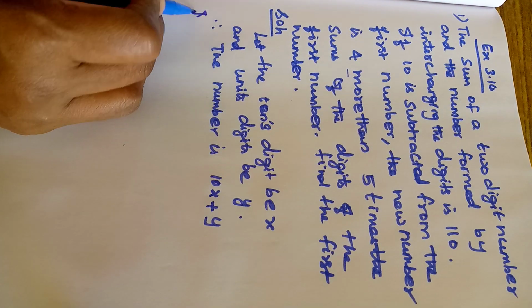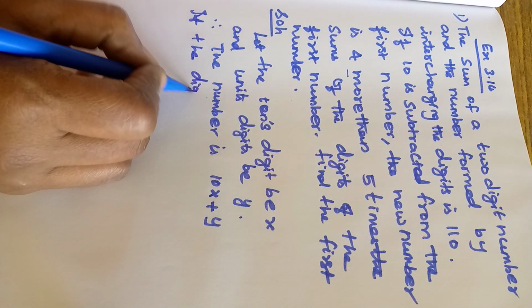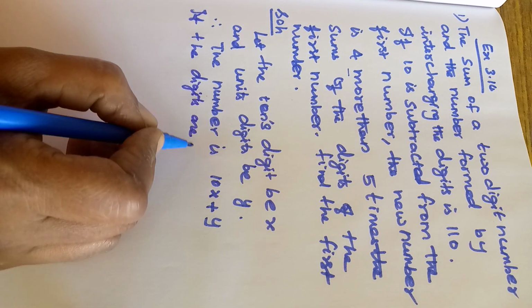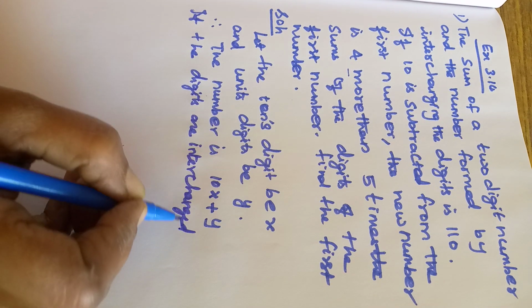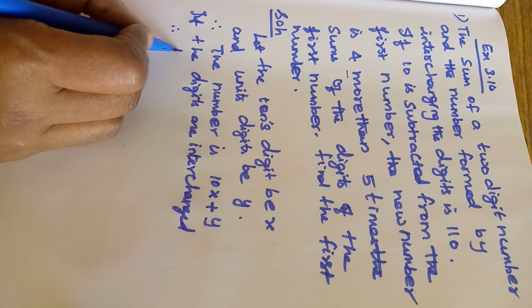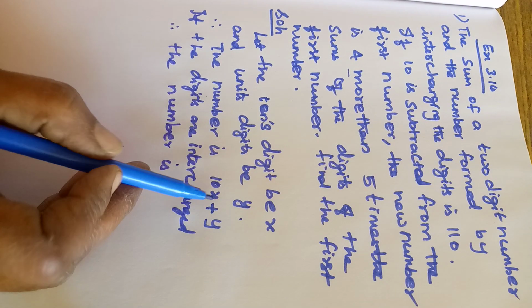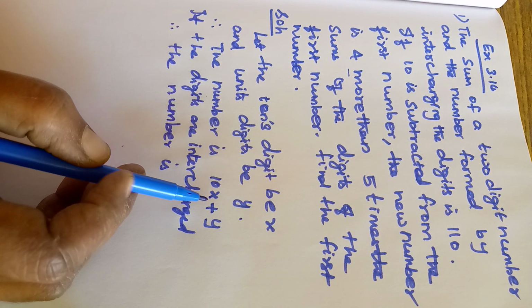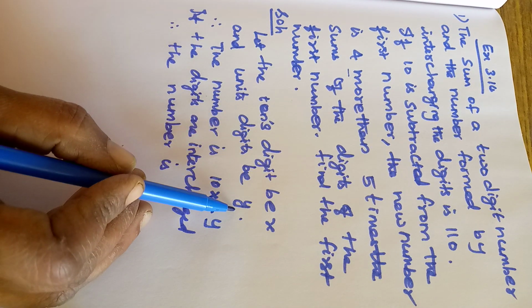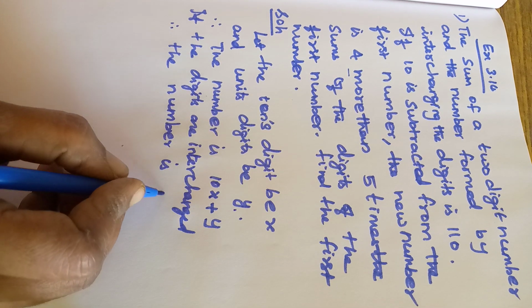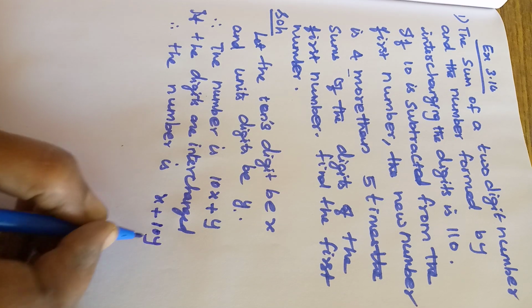If the digits are interchanged, therefore, the number is x plus 10y. Equation number 2.